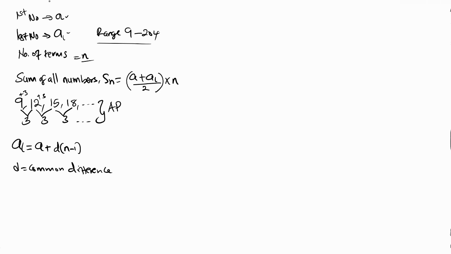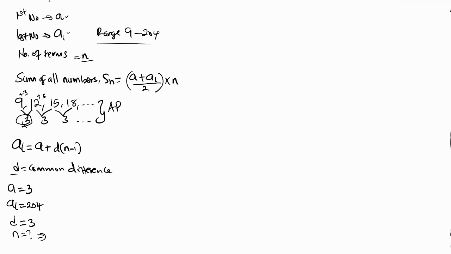So D is our common difference. From the question we have A, our first term, which is 3. So from our question, A is 3. AL is our last term, which is equal to 204. The common difference, D, is 3, right? And from the formula above, we can get the number of terms, n.